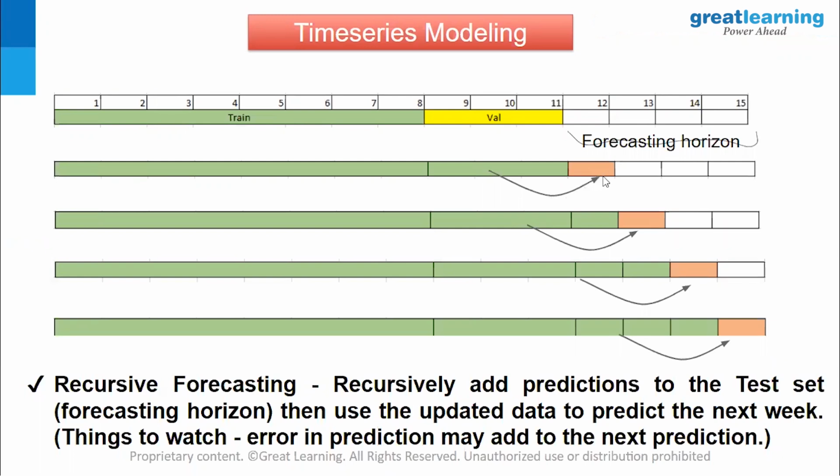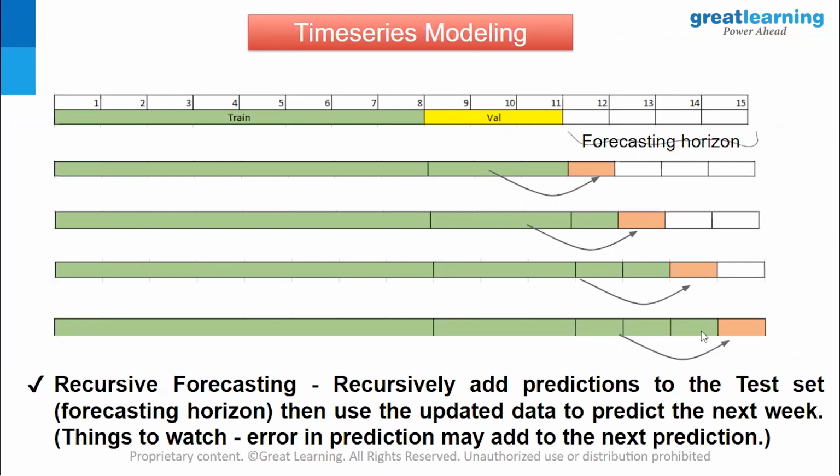Now what happens? We are going to add this prediction as part of the normal data, right? So you can see that the color changes back to this green color. That means now the prediction is taken as part of your normal data, and that combined data will be used now to predict the sales for the next week, and so on and so forth.